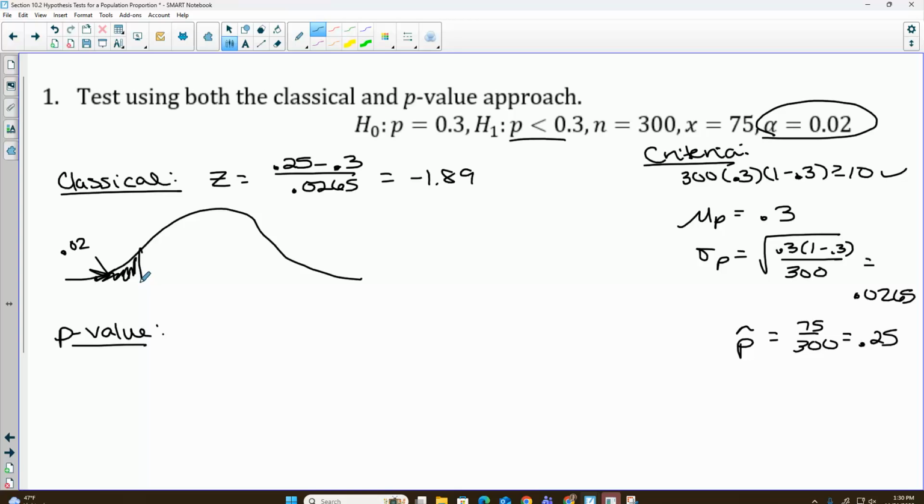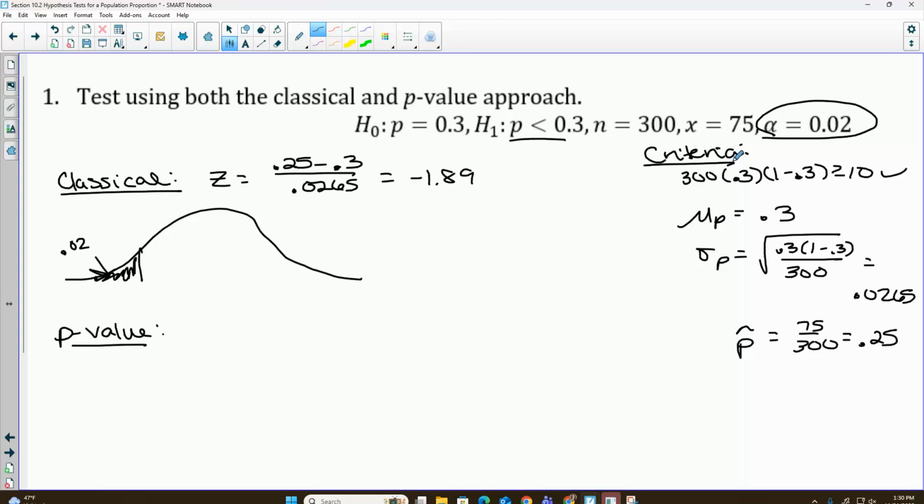Find the z that corresponds to it. So if I look on my normal table, inside the table we're looking as close as we can get to 0.02.